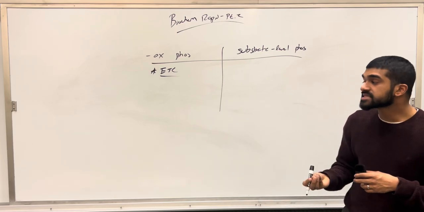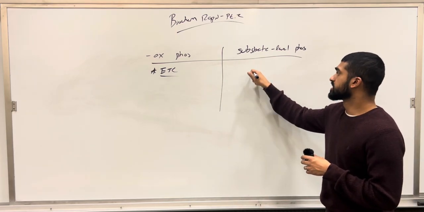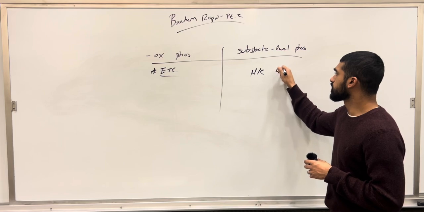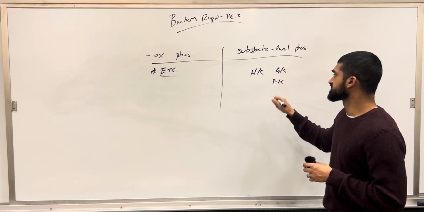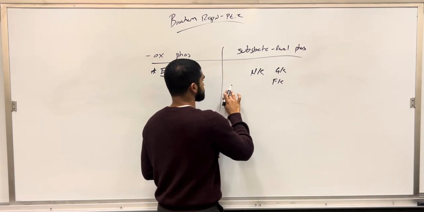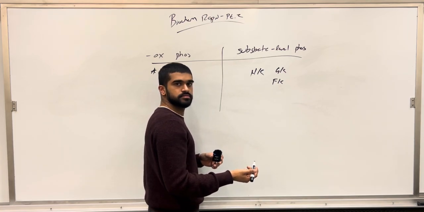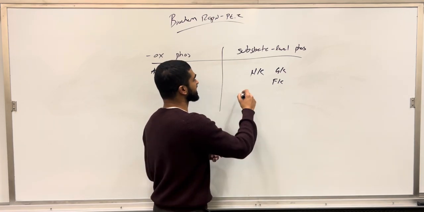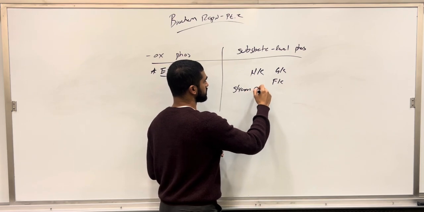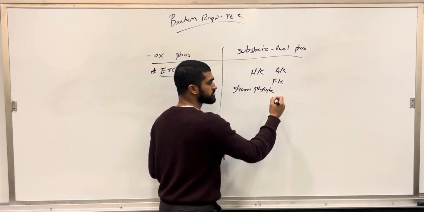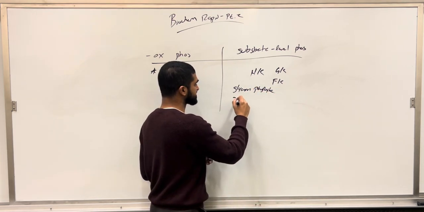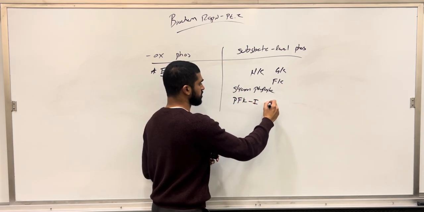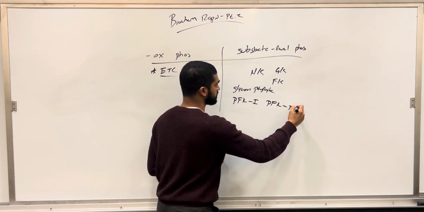So when you use an enzyme like hexokinase, glucokinase, fructokinase, what else? Glycogen phosphorylase, right? Phosphofructokinase 1, phosphofructokinase 2.